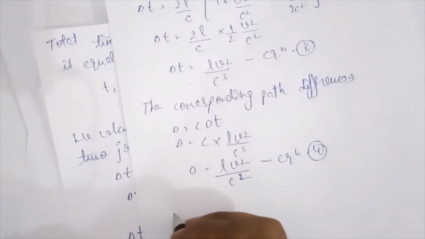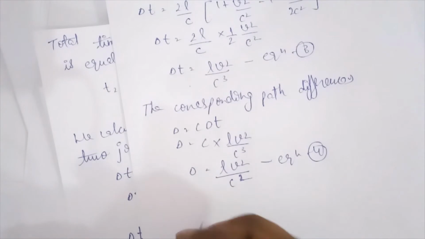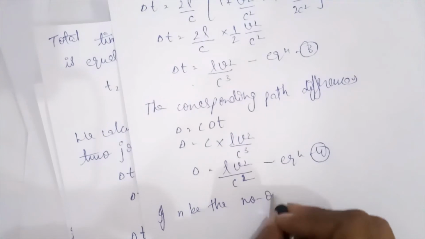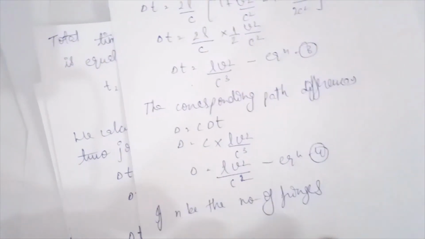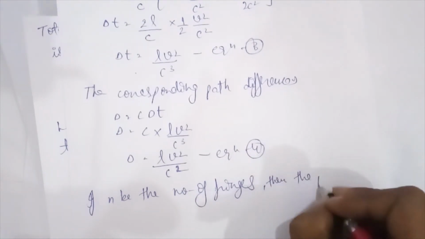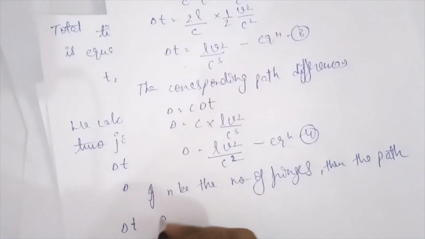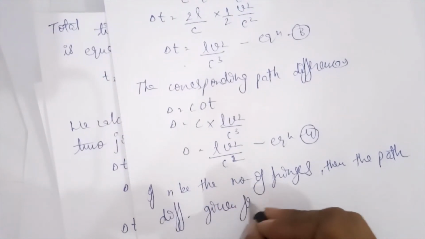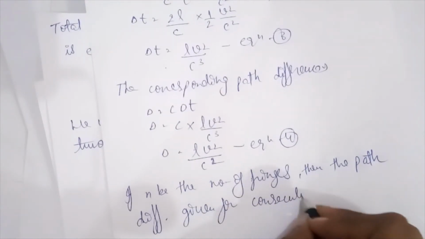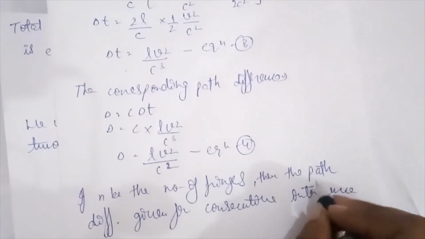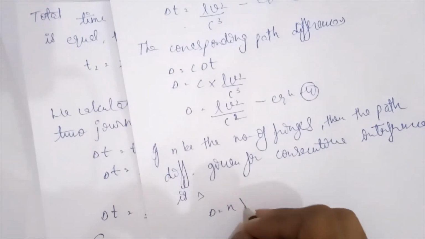Now this is the last point of this derivation. If n is the number of fringes that we see from the telescope, then the path difference for consecutive interference is delta equal to n lambda.